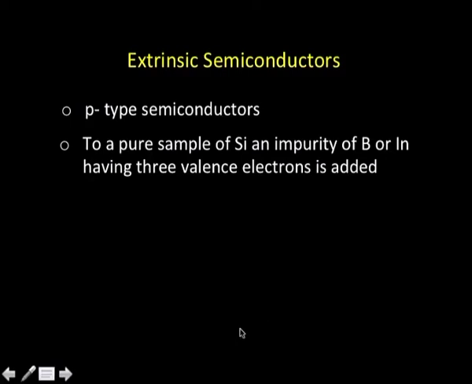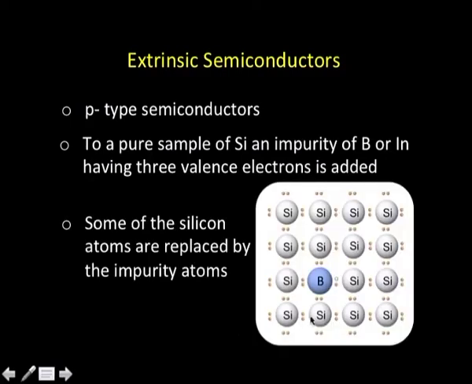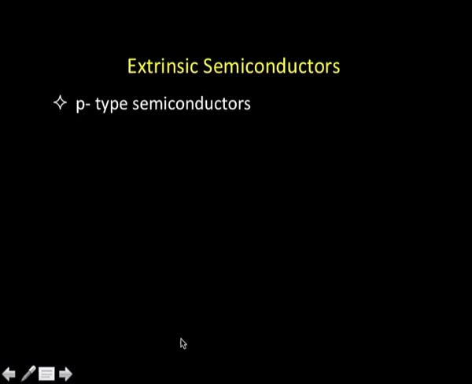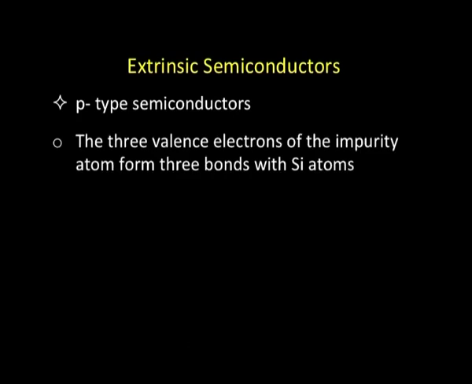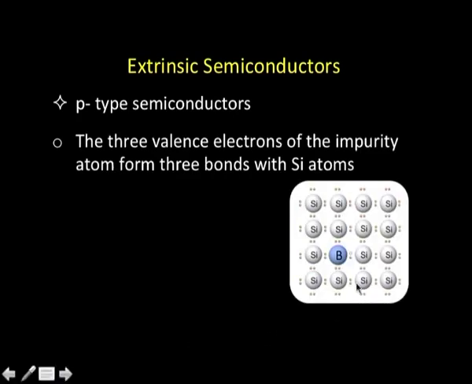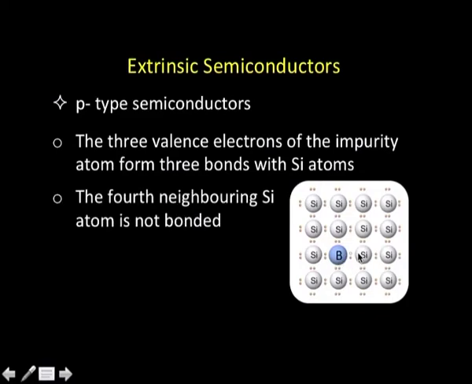Okay. So, what happens? Similar to the previous case, here again some of the silicon atoms will be replaced by boron atoms. So, suppose I am introducing an impurity of boron into silicon. This boron has only 3 valence electrons, so they will form 3 bonds with the neighboring silicon atoms, and the 4th neighboring silicon atom is not bonded, because boron can bind only to 3 neighboring silicons.